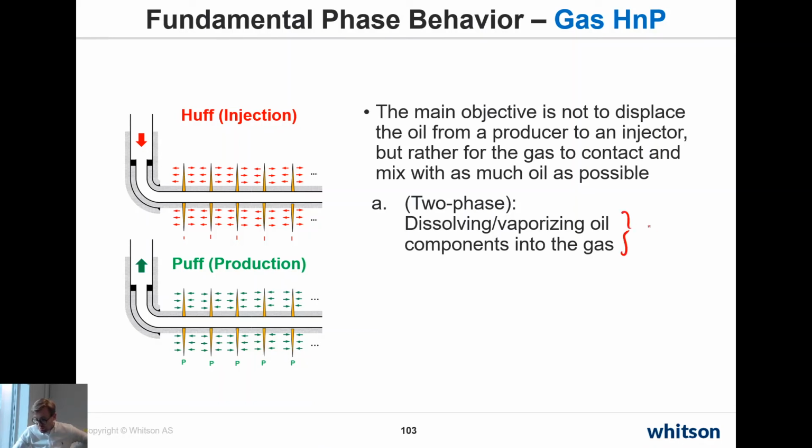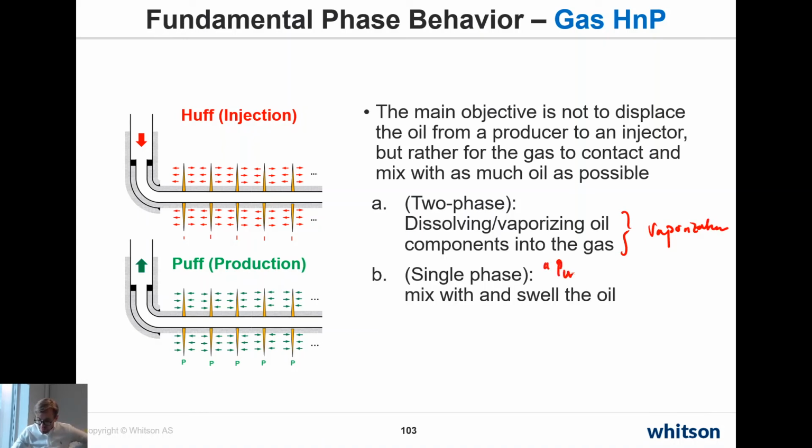That's what we call vaporization, the opposite of condensation. Or if we have single phase, it's what we call pure mixing. This is the dilution process. This is the saltwater, freshwater mixing.